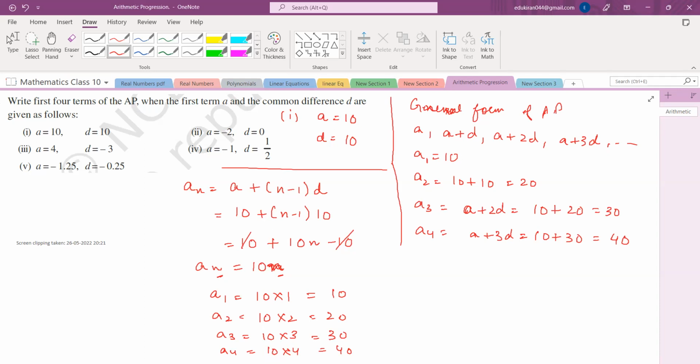Yes, please note down. Or you write here the nth term, An, is equal to this thing.